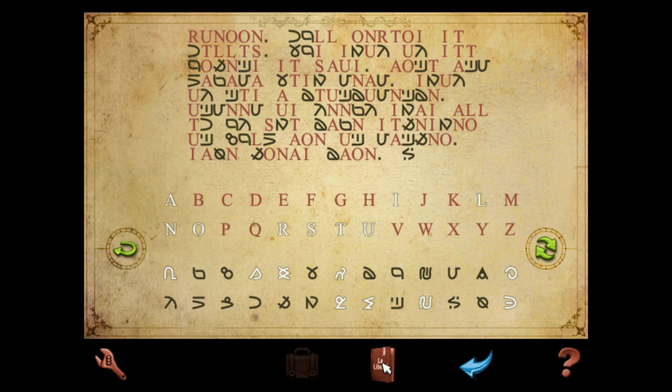Let's actually... Can't look at our inventory. Wouldn't it be crazy if the cipher and the solution was written on the back of the picture? Let's see. Let's make this symbol F. There.